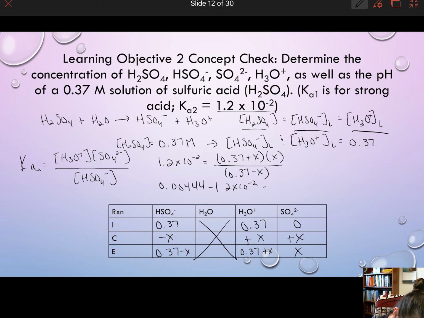And that's going to equal 0.37x plus x squared.